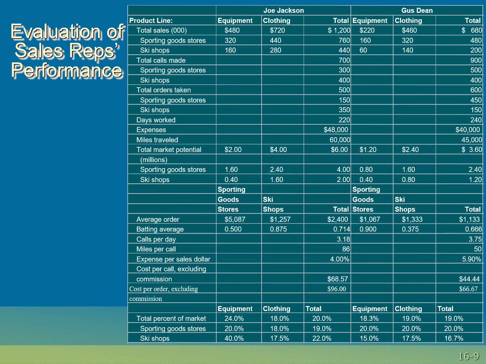And the total market potential in millions. So this is 2, 4, and 6 total. This is for sporting goods and ski shops. These are the basic numbers. For Gus, it's the same, right?